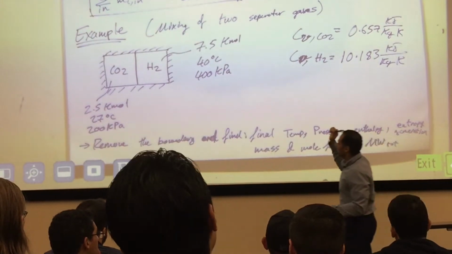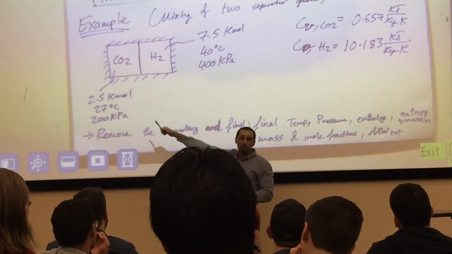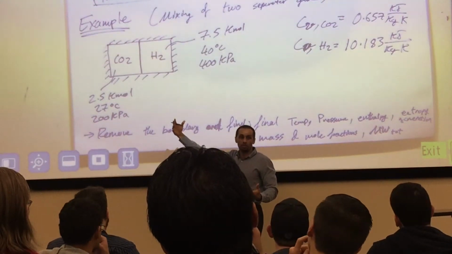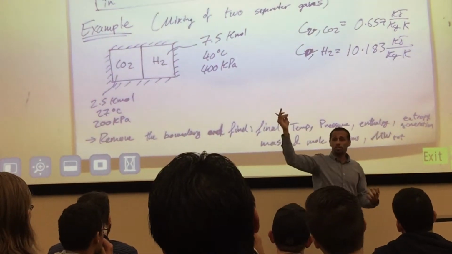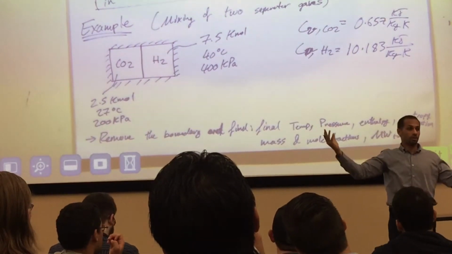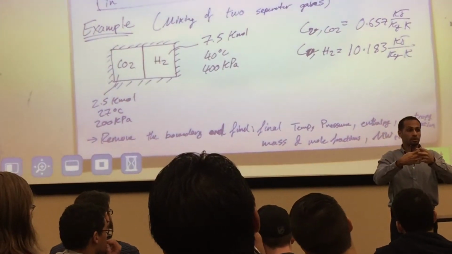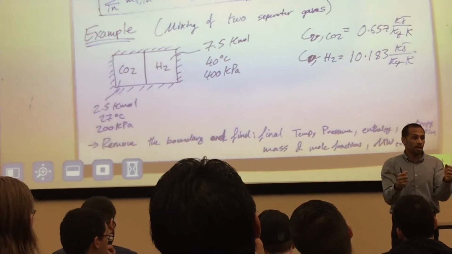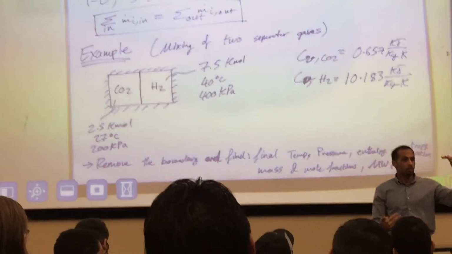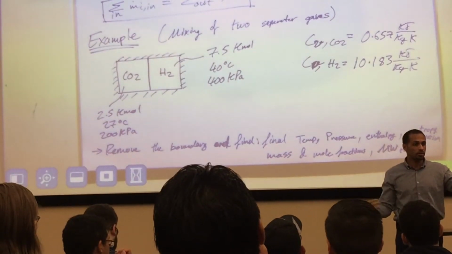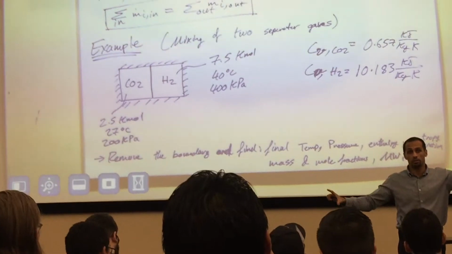I'm picking the example with two different temperatures primarily because I want to capture that different temperature behavior. But in reality, if they're the same temperature and the same pressure, you still have entropy generation, and that is the fact that the two gases diffuse. Now, to separate them, I have to do some kind of work, separate them by temperatures and condense one gas versus the other, and then separate them into two different tanks if I wanted to.